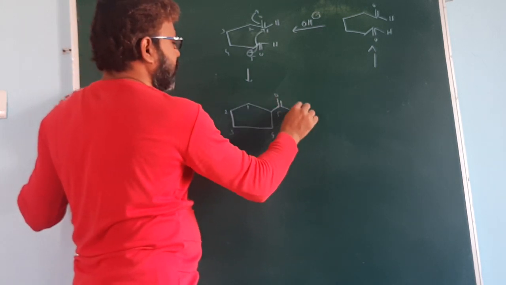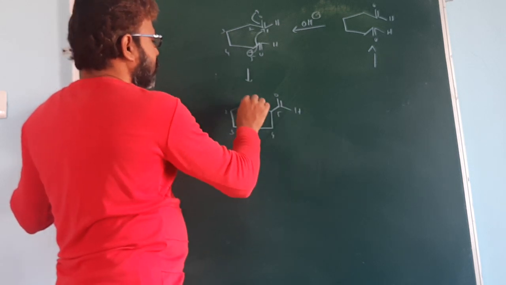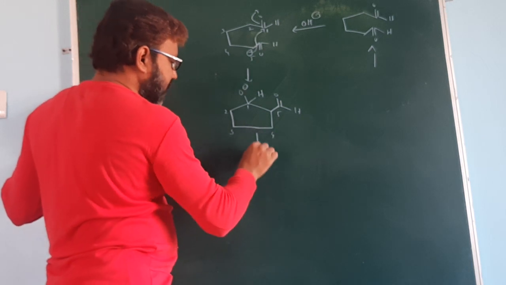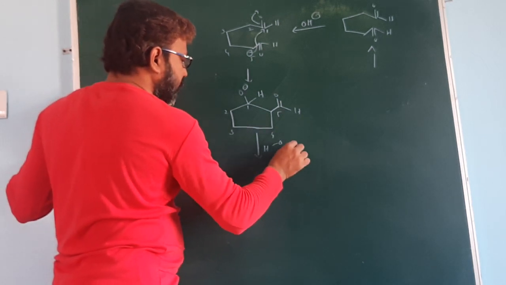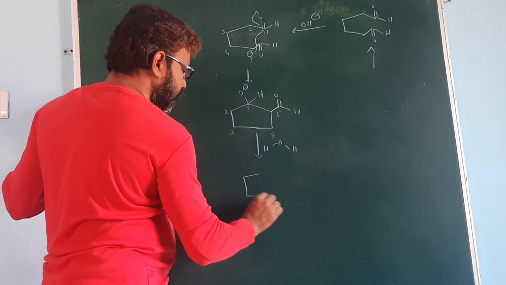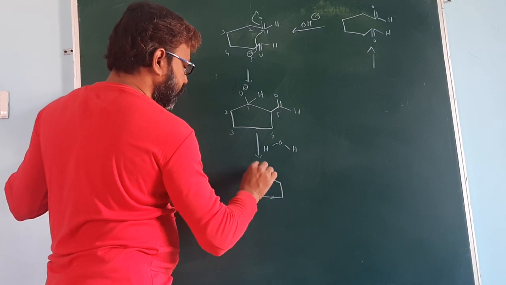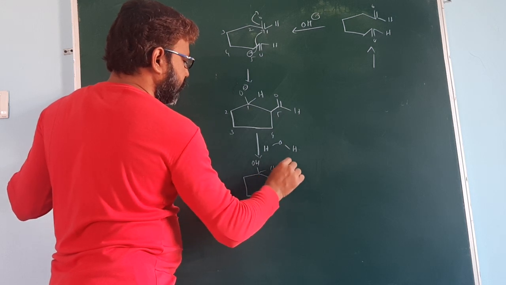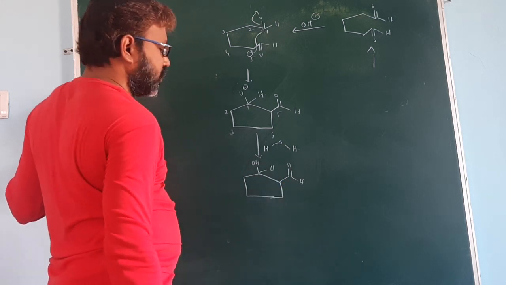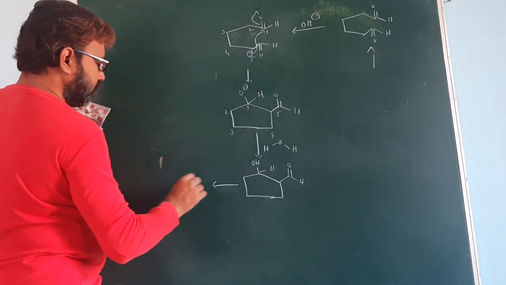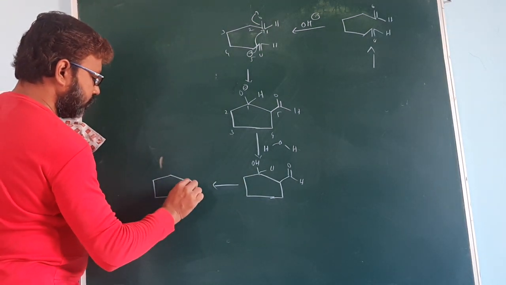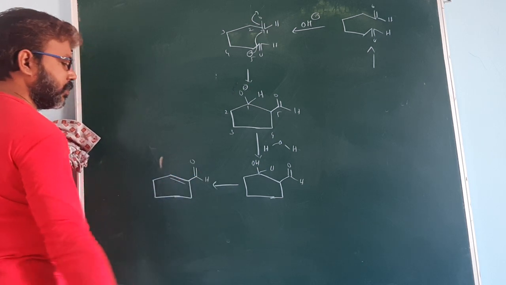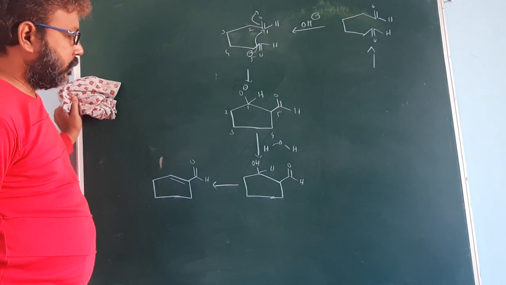It has aldehyde group, O minus, it accepts the proton from water. So on heating, it loses a water molecule. You get this product. So this is the final product.